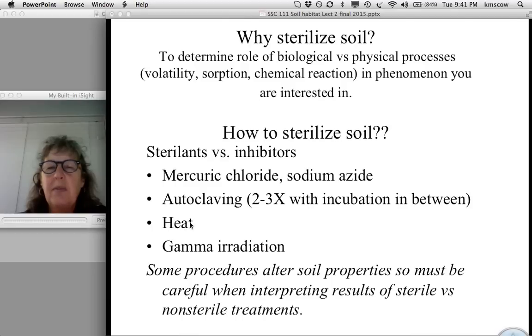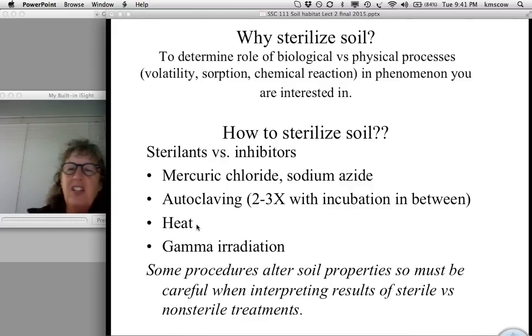Heat is used sometimes. It's not very effective. It can knock out some of the life in soil, particularly the soil fauna, and maybe the fungi, but it's a process that a lot of people have access to, because a lot of people have ovens, but it's not used very commonly in research. The gold standard is gamma irradiation.